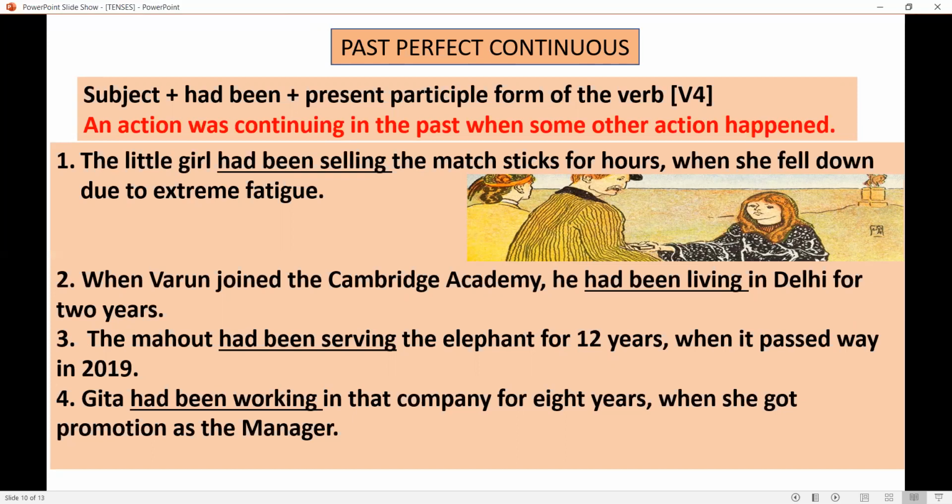Okay. Next one. When Varun joined the Cambridge Academy, he had been living in Delhi for 2 years. So maybe he's still living there. Next one. The mahout had been serving the elephant for 12 years when it passed away in 2019.